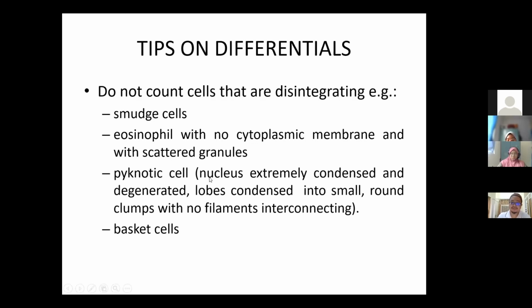Pyknotic cells, where the nucleus is extremely condensed, are a sign of degeneration. The lobes condense, there are clumps. Okay. And then the basket cells, these are signs of disintegration.